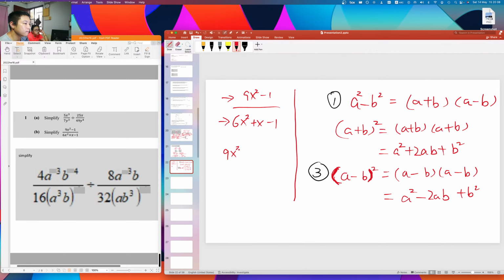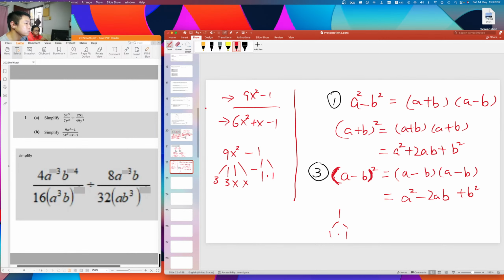So how do you expand 9x squared minus 1? How do you split 9? How do you split x squared? How do you split 1? 1 times 1. By the way, 1, if you split it, is 1 times 1. Why must you split it?